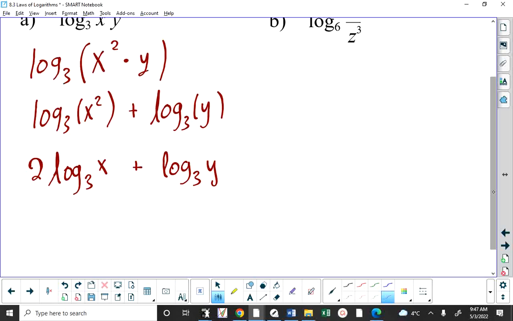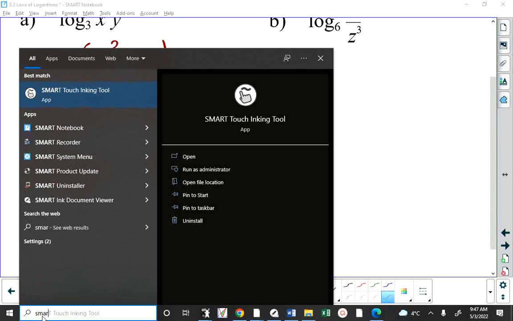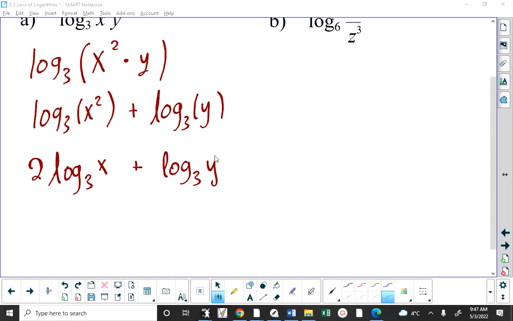Give me a second. There are 3 lines of text associated with logarithmic expressions. There's only two being used in this. Okay?